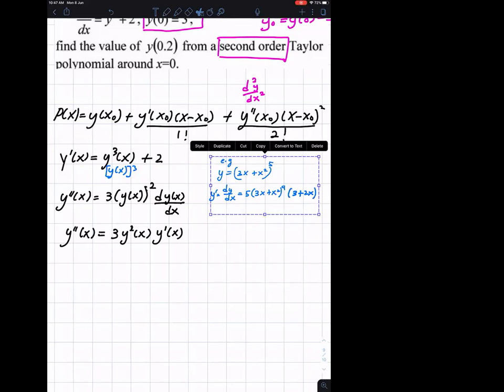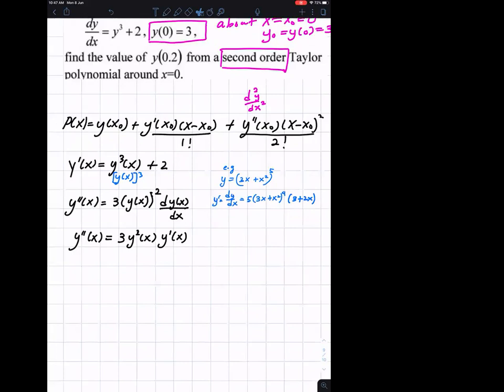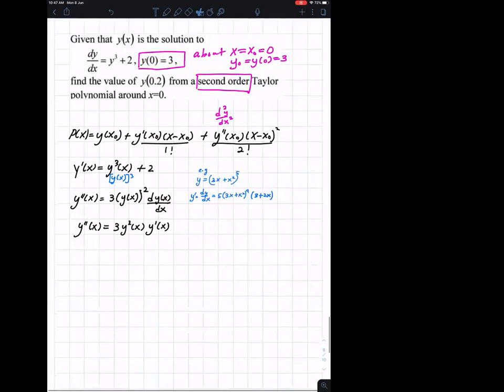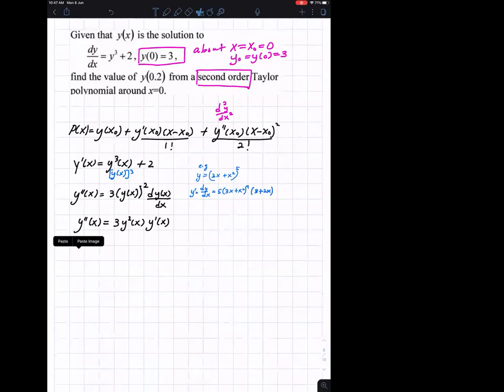Yes, sir. Okay. So after you're done with this, then you go ahead and evaluate at the given point about x equals x naught, which is 0.